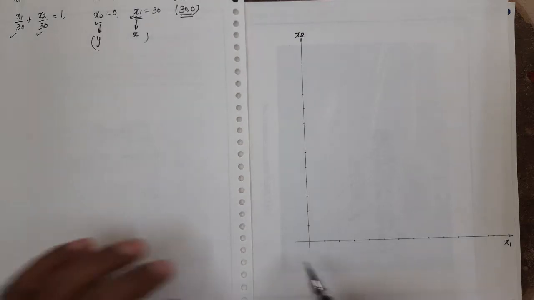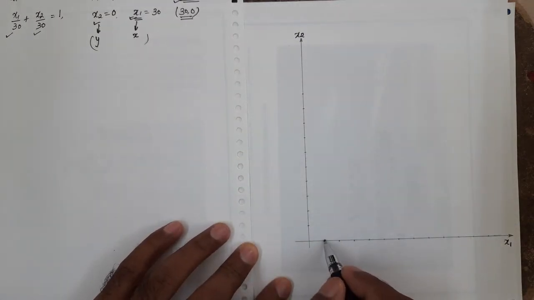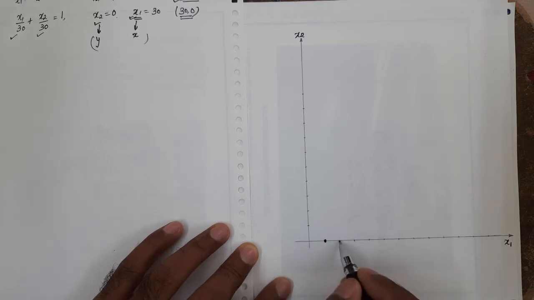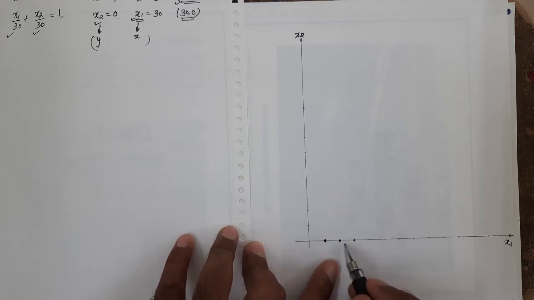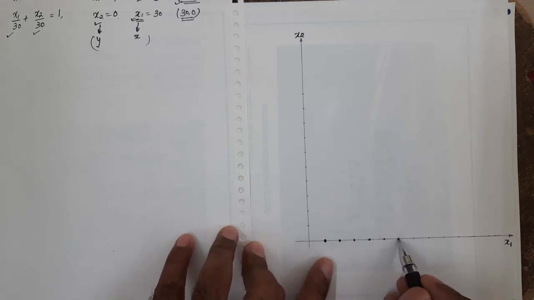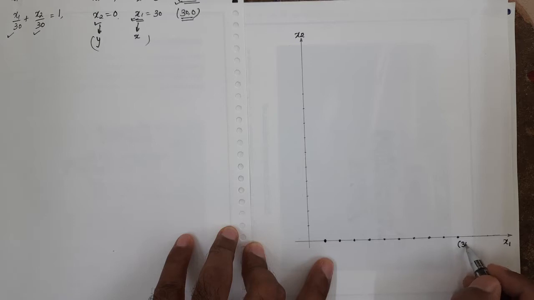So let us plot these points on the graph. This is the graph marking. You can take 3 units as 1 centimeter. This is 3, 6, and so on up to 30. This will be your x-axis, with the point 30 comma 0.